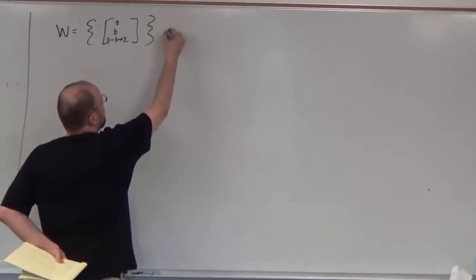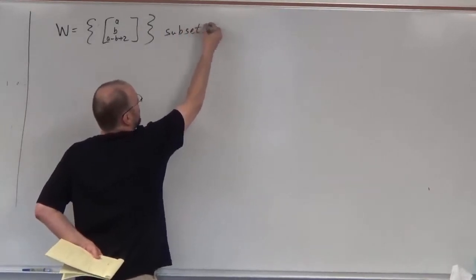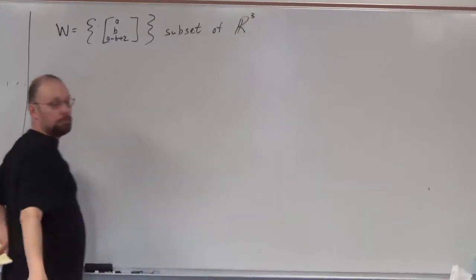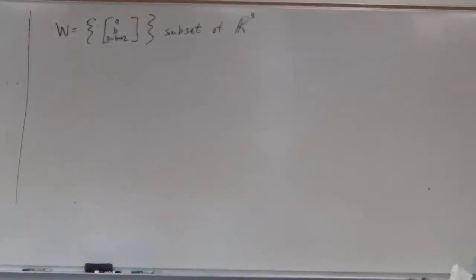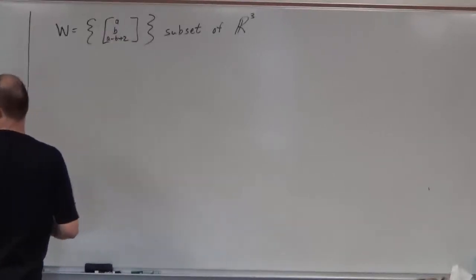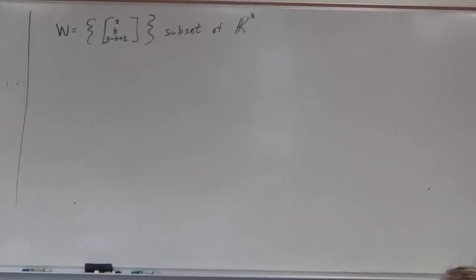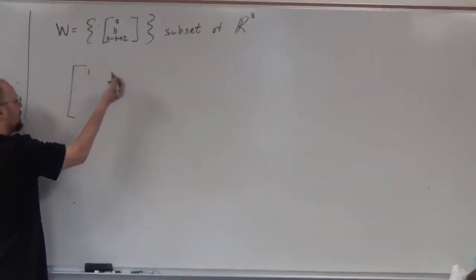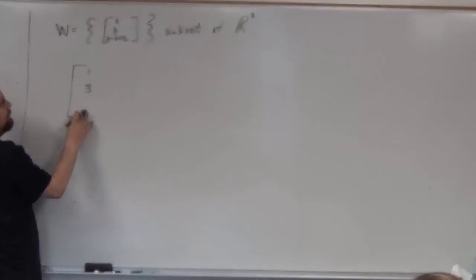So this is a subset of what known vector space? R3, right? So that's a known vector space. This is a subset, so some of the elements in that space, not necessarily all of them. And if you wanted to see whether this is a subspace, a vector space in its own right, we just check the two closure properties. So can you give me an example of a vector that's in W? Let's say, 1, 3, what would this have to be?